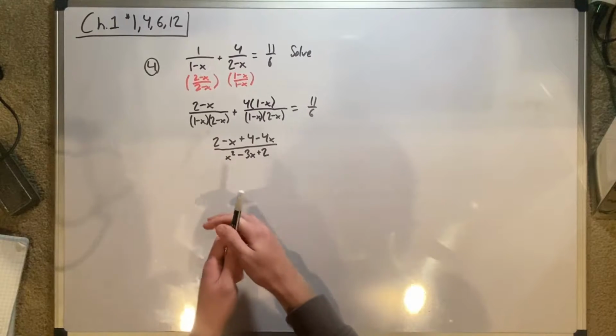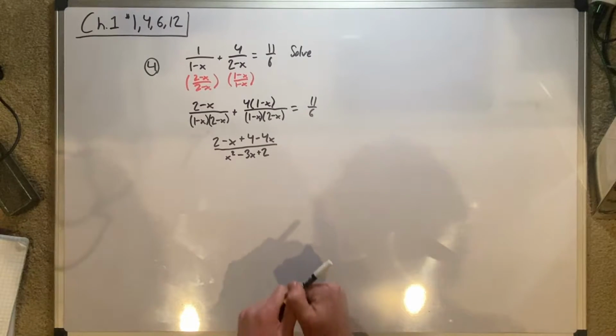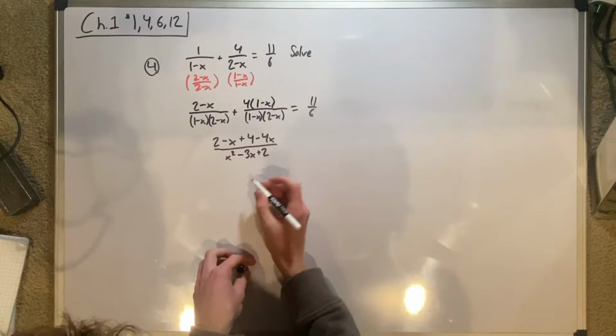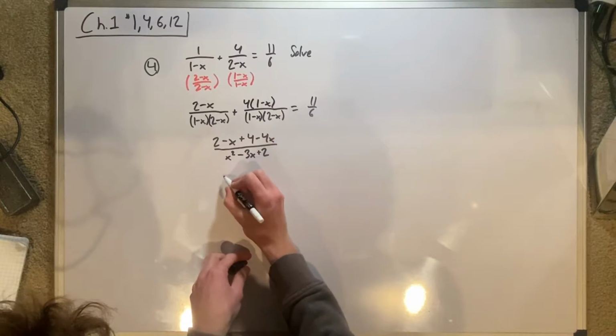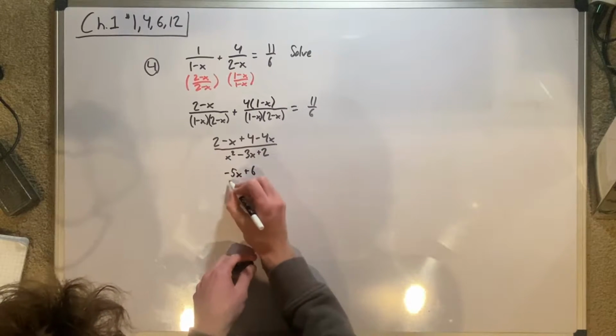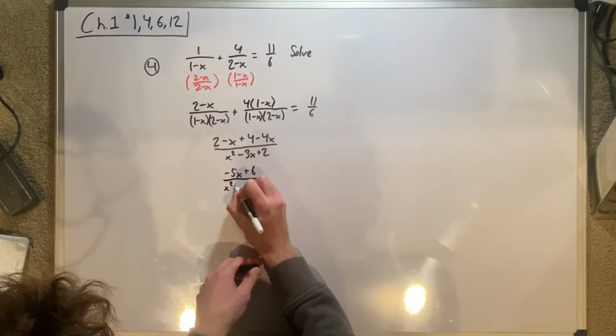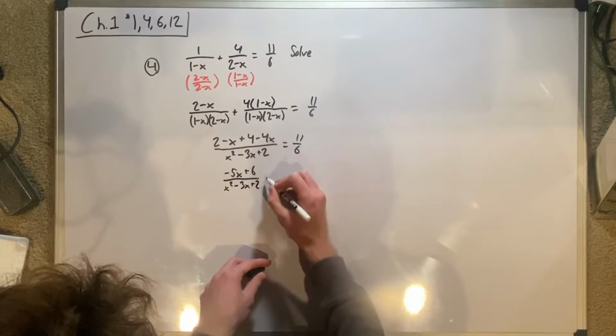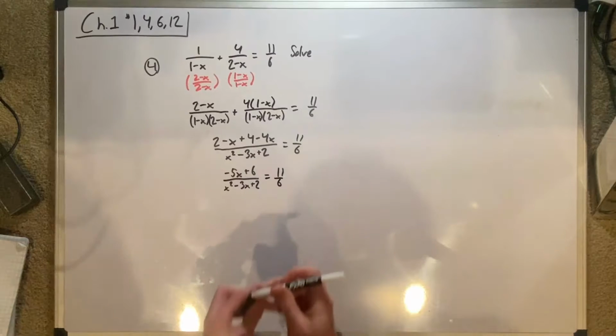I just FOILed it out. All right, and then simplify this down one step further by making this numerator a little bit more simple. Negative x minus 4x is negative 5x. 2 plus 4 is 6. X squared minus 3x plus 2 is equal to 11 over 6.